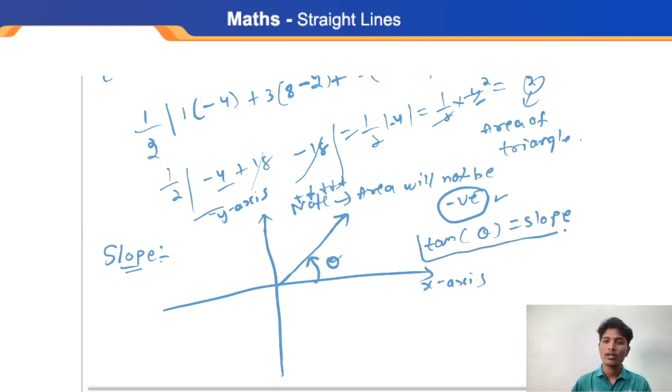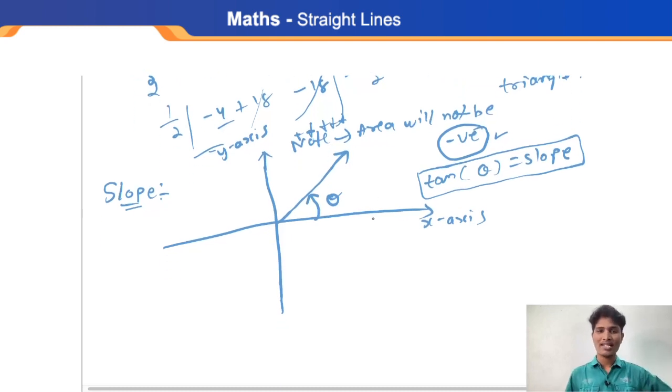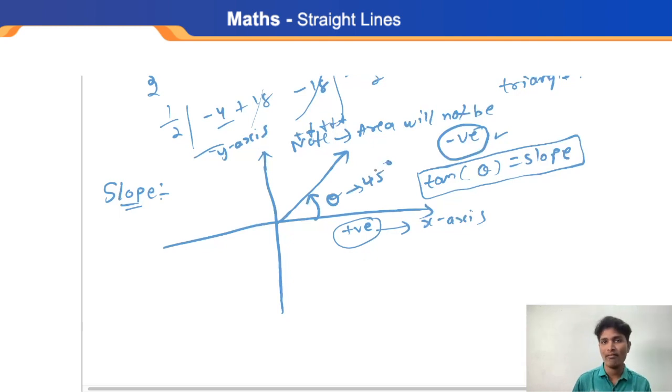Very important. Suppose there is a straight line, how much angle is it making with the positive x-axis? The tan of that angle is equal to the slope. Suppose it is making an angle of 45 degrees with the positive x-axis, tan 45 is equal to 1, which is called the slope of that line.